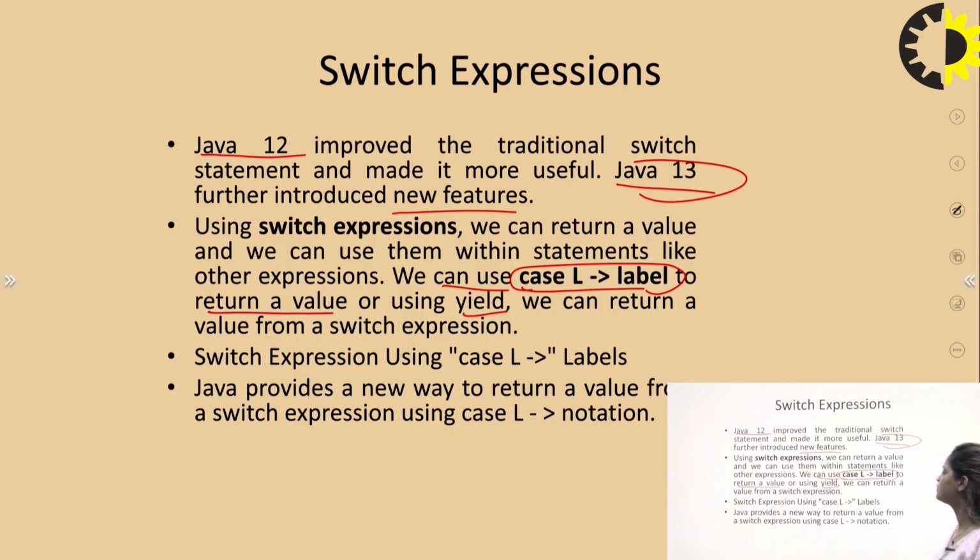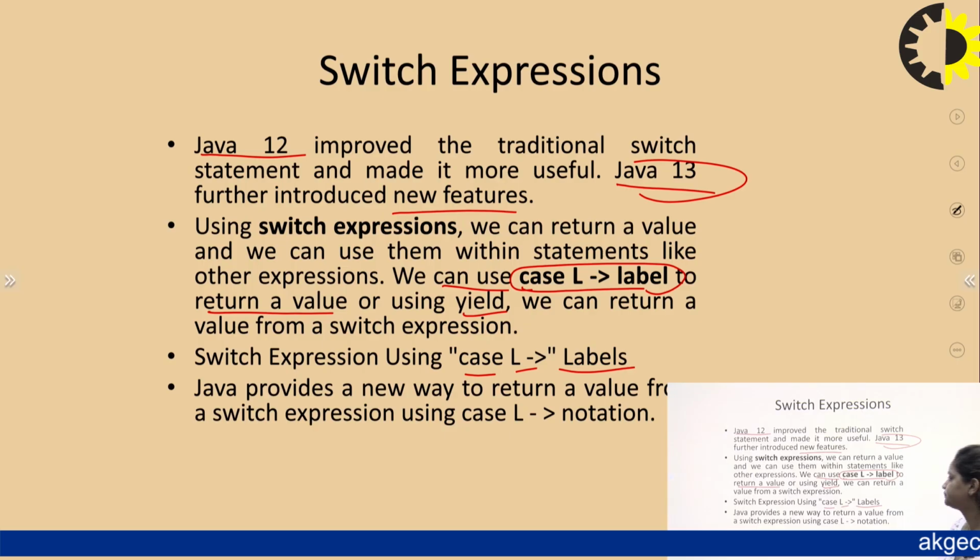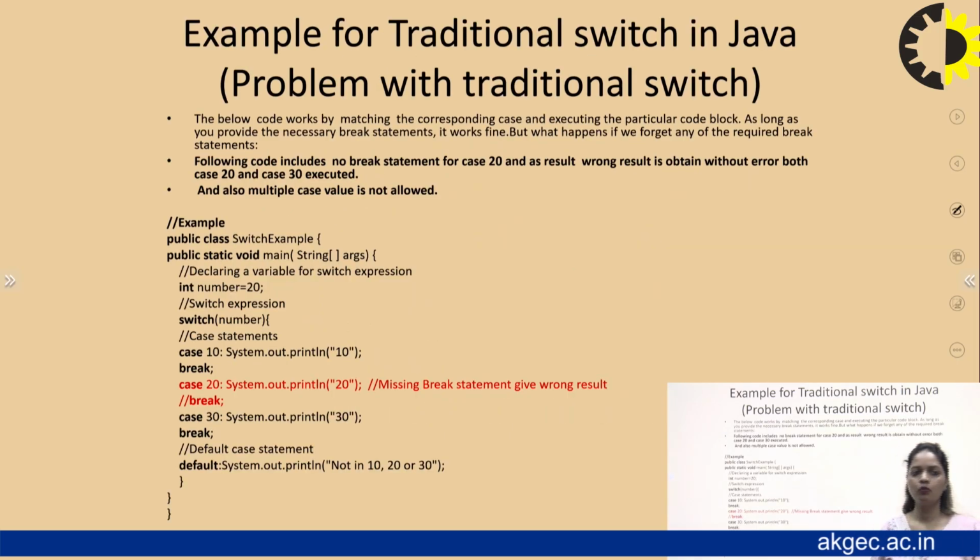Switch expression uses cases, written with the keyword case and then the label which we need to validate, and then an expression which is used when the case label matches our switch expression. Let's look at the difference and why it is used over the primitive switch statement.